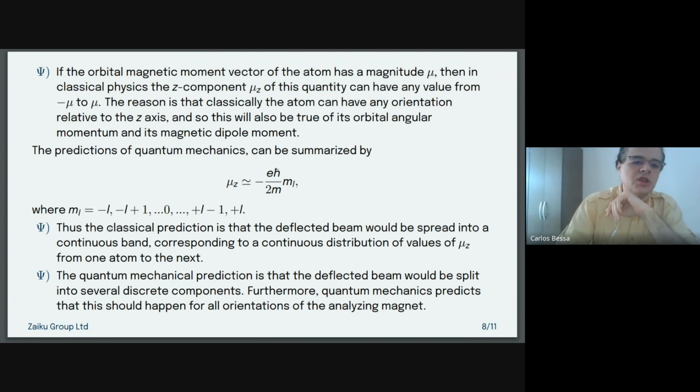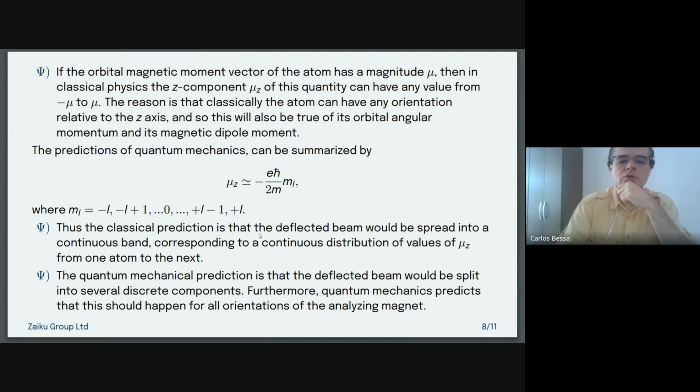Because this is an integer, m_L will also be an integer, because it's given by minus L, minus L plus 1, 0, L minus 1, and plus L. So this is integer.